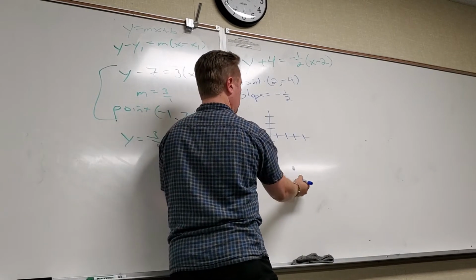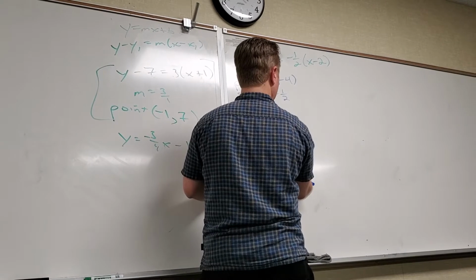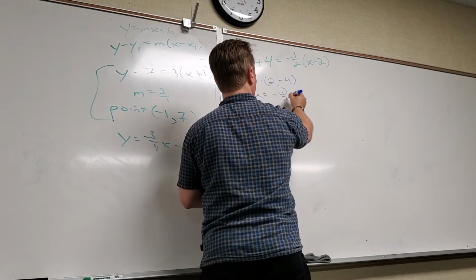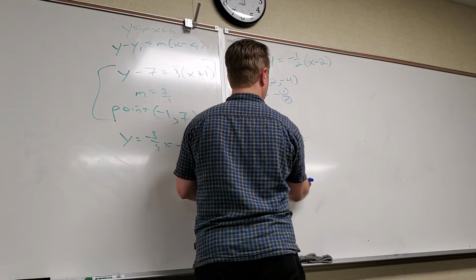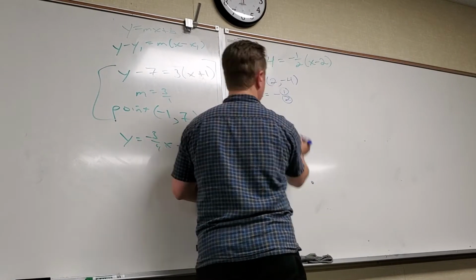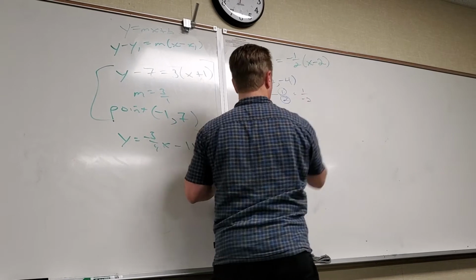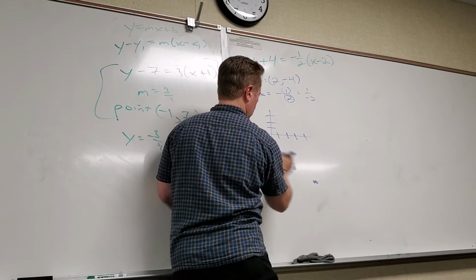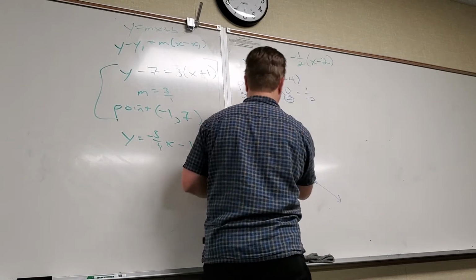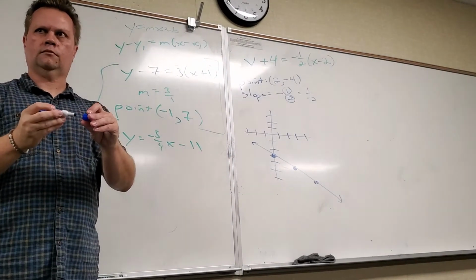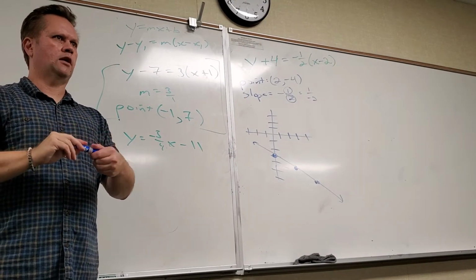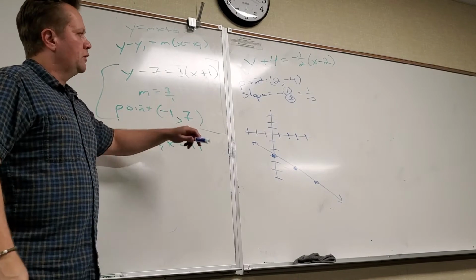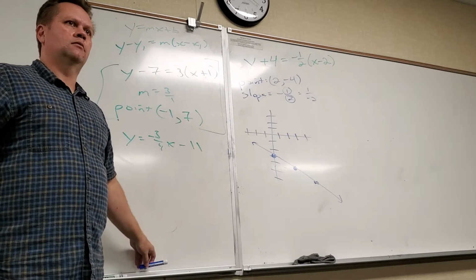Down 1 over 2. I could also go up 1, back 2, and I'm still on the same line. So no matter where I get the point and the slope from, you're able to graph it. No problem.